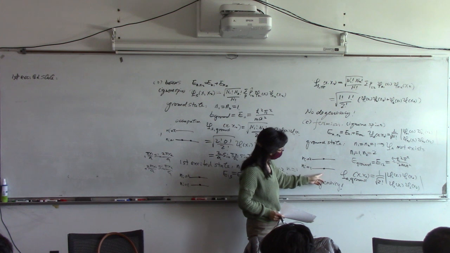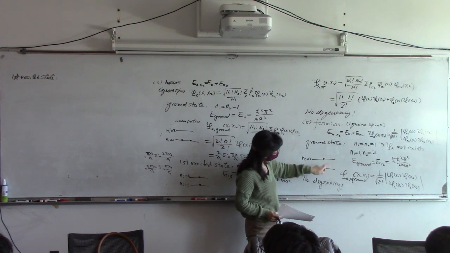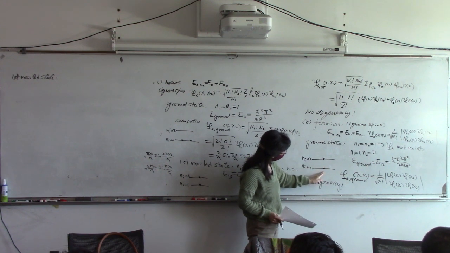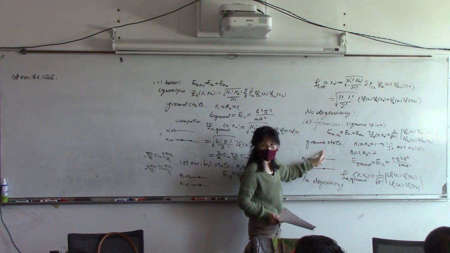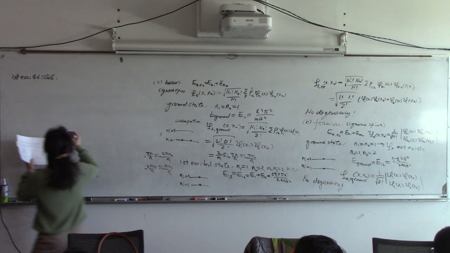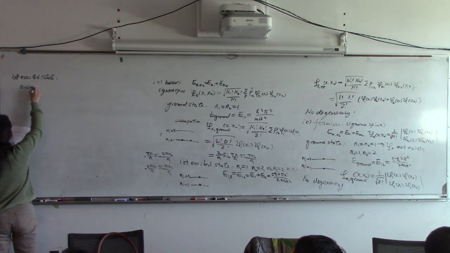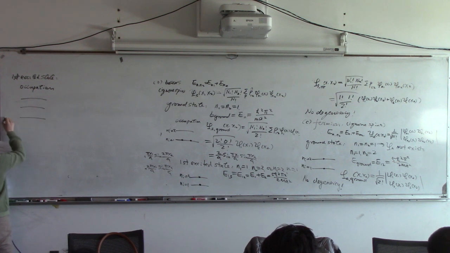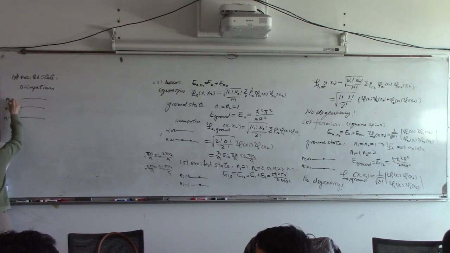If you look at this occupation, still one state has only one. Then if you go to the next energy level lower than this one, one of them will go to the third, right? So that is the occupation. You can see we have three states, n equal to 1, n equal to 2, n equal to 3.